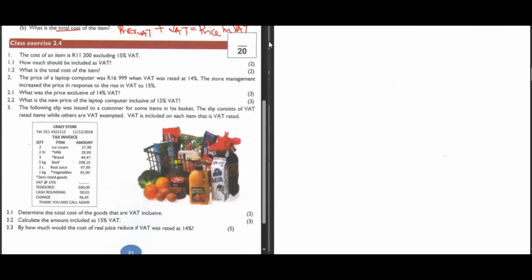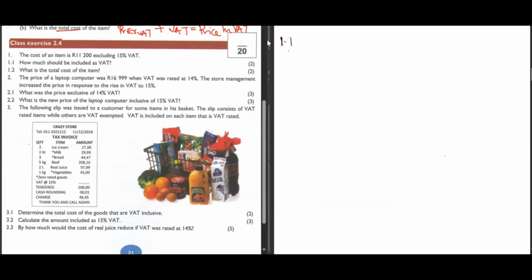All right, for the exercise, we go straight to exercise 2.4. It asks us to calculate VAT. The cost of an item is 11,200, excluding 15% VAT. How much should be included as VAT? In other words, they're looking for the value of VAT. So this is question number 1.1.